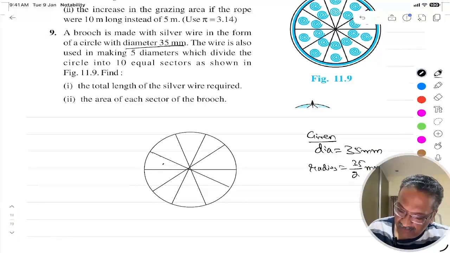How many? Let's count it. 1, 2, 3, 4, 5, 6, 7, 8, 9 and 10.